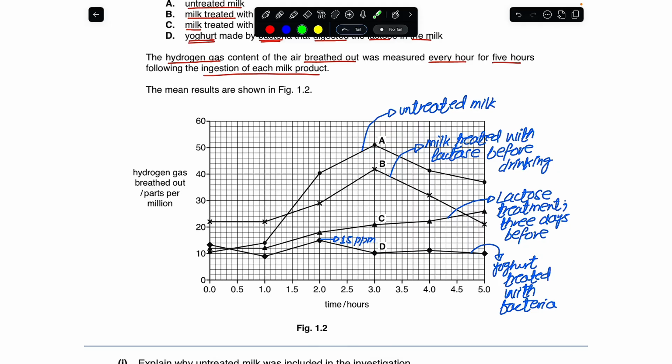If I talk in context of the time at 5 hours, the hydrogen gas production comes to be 10 parts per million. And even for the rest of the time, from this time onward, compared to the other groups, the amount of hydrogen gas produced has remained less, and it is also showing fewer fluctuations compared to the rest of the groups.